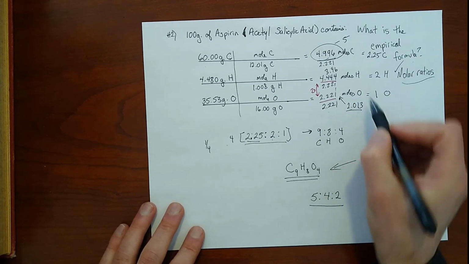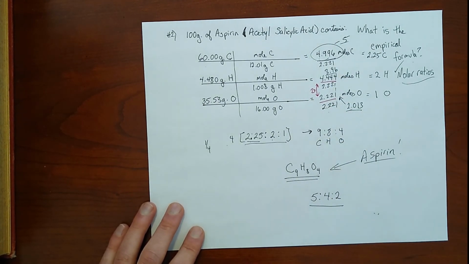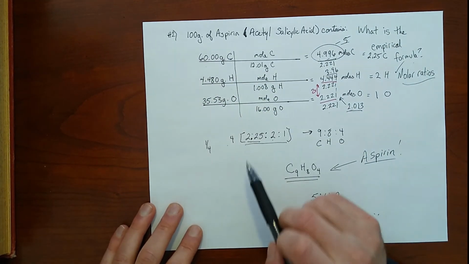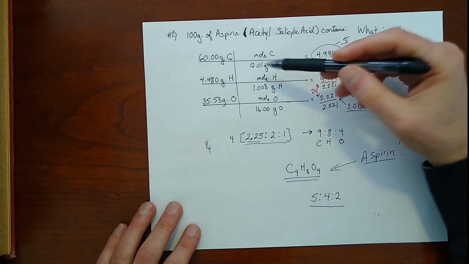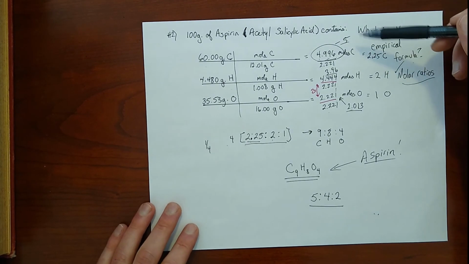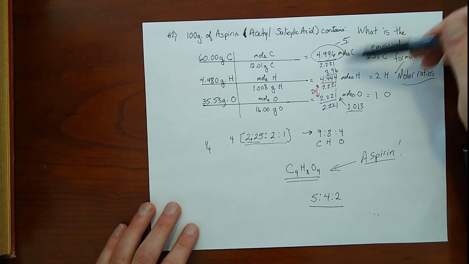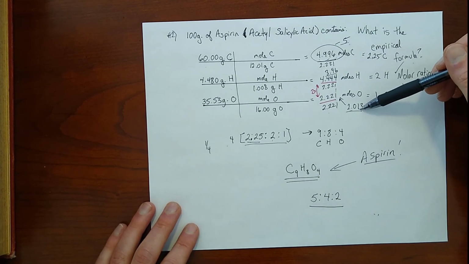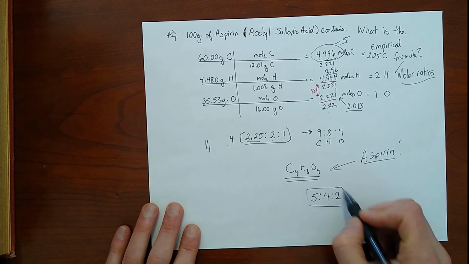Okay, these are all so close to being whole numbers that we can assume that the error is based on problems of measurement and not on the actual mathematics of the problem. So we already have whole numbers in this case. We have 5 to basically 4 to basically 2, and we can just stop there.